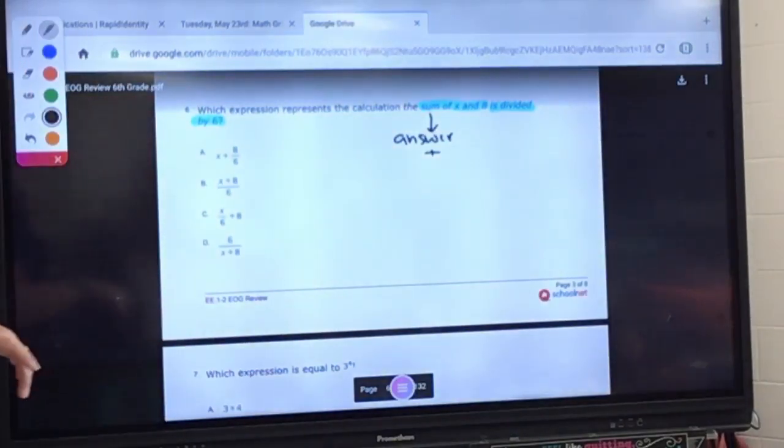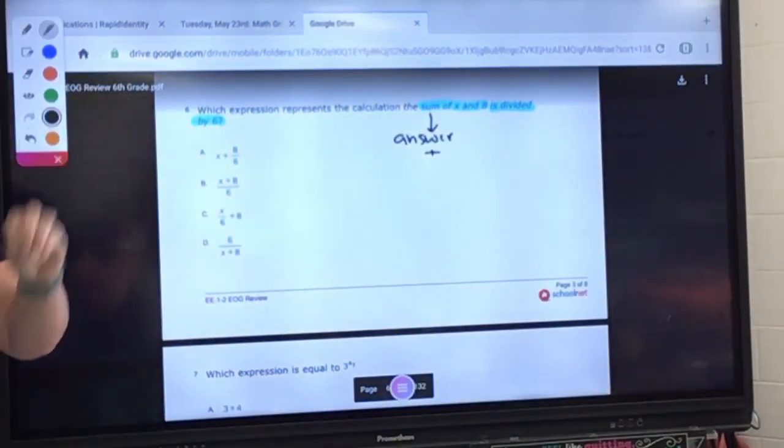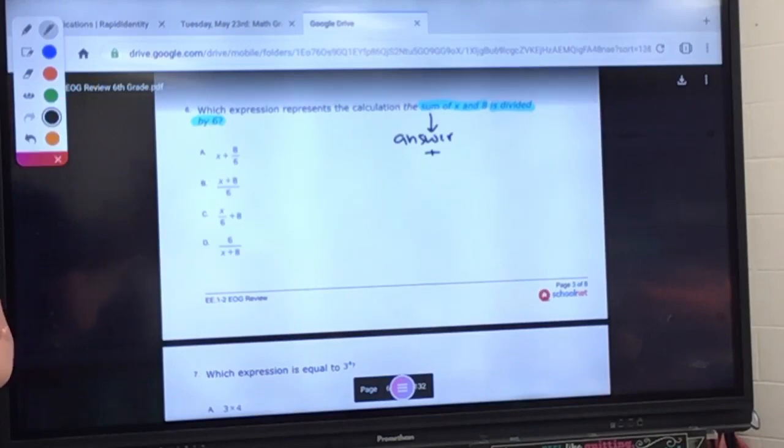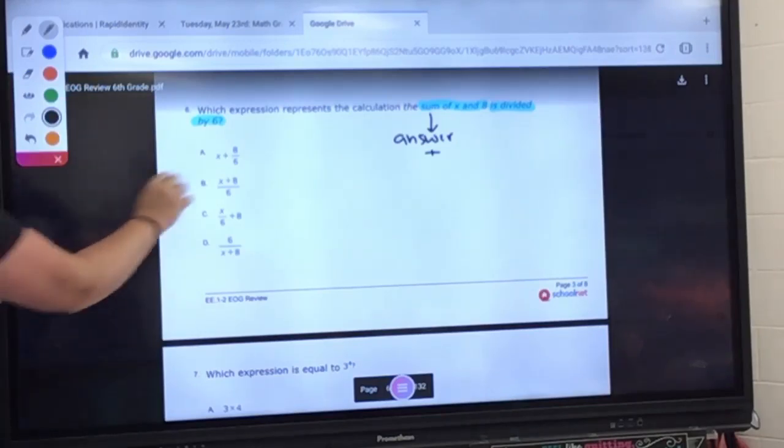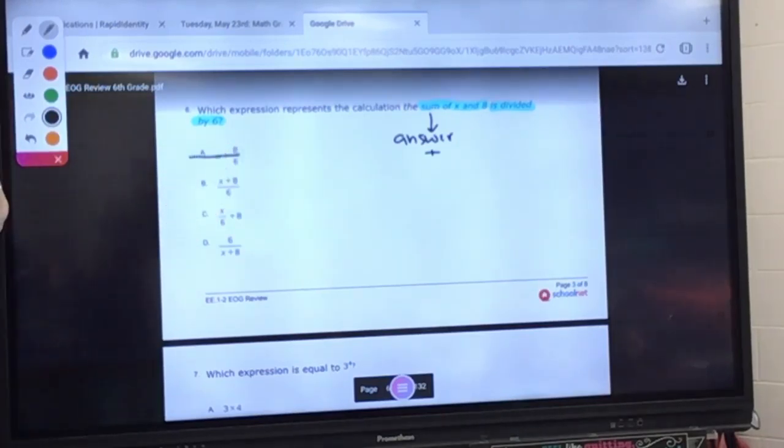So we know we're adding. So wherever it doesn't have x plus 8, we can get rid of before we go any further. So I can get rid of A, right? Why can I get rid of A? What are they doing? Troy? We're doing x plus 8 over 6.